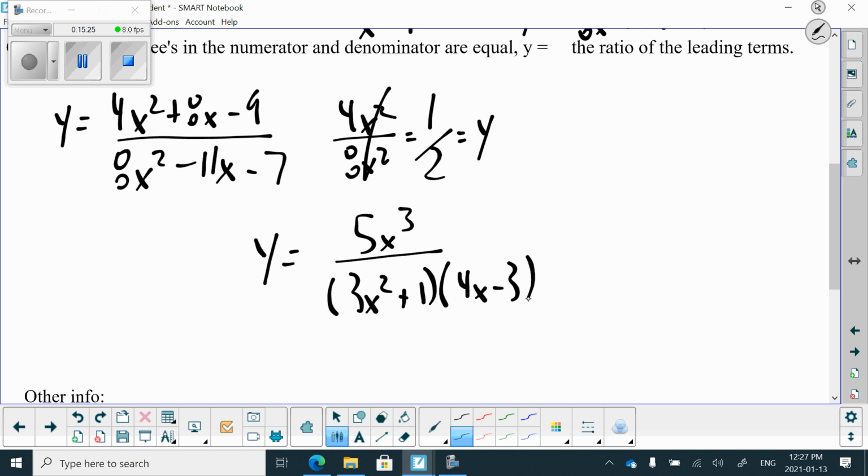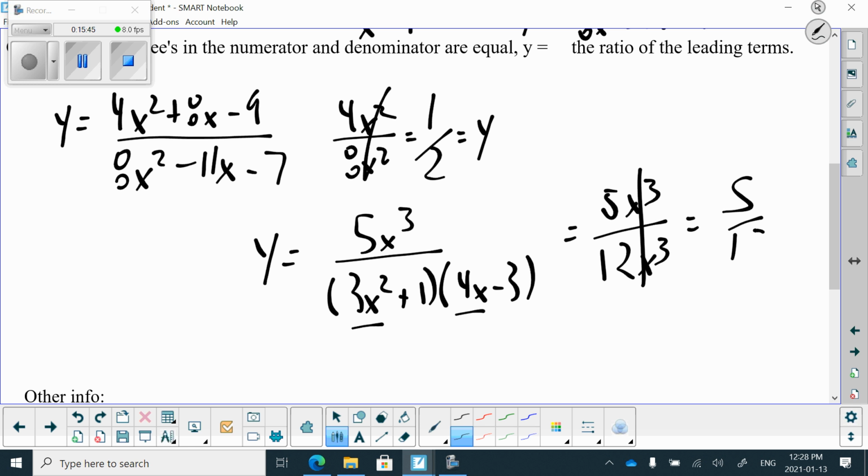We don't do those. That's not our curriculum. If you keep doing math in university, you'll probably hit that. But if we take the leading term from each bracket and multiply them, we'll have our 5x cubed over 12x cubed. And again, everything else doesn't matter. So our horizontal asymptote is y is equal to 5/12.